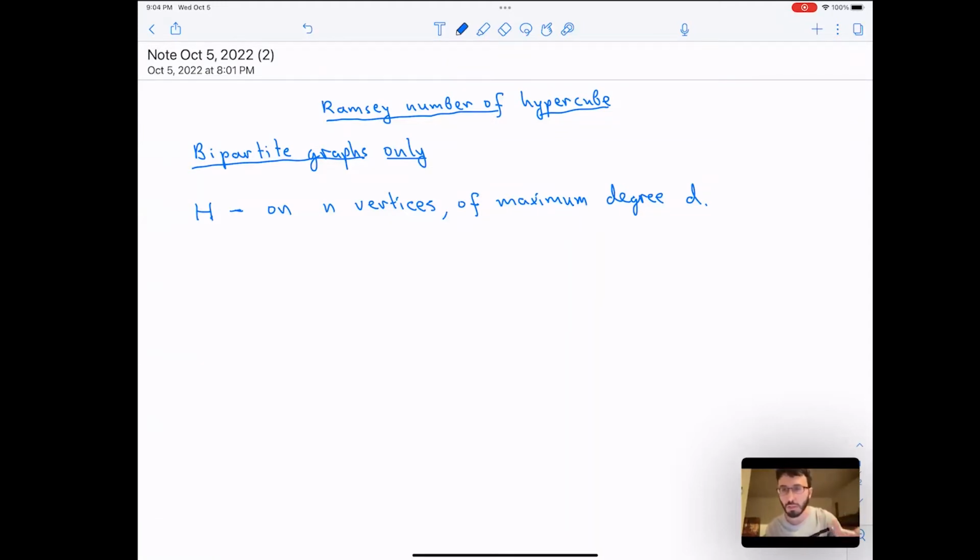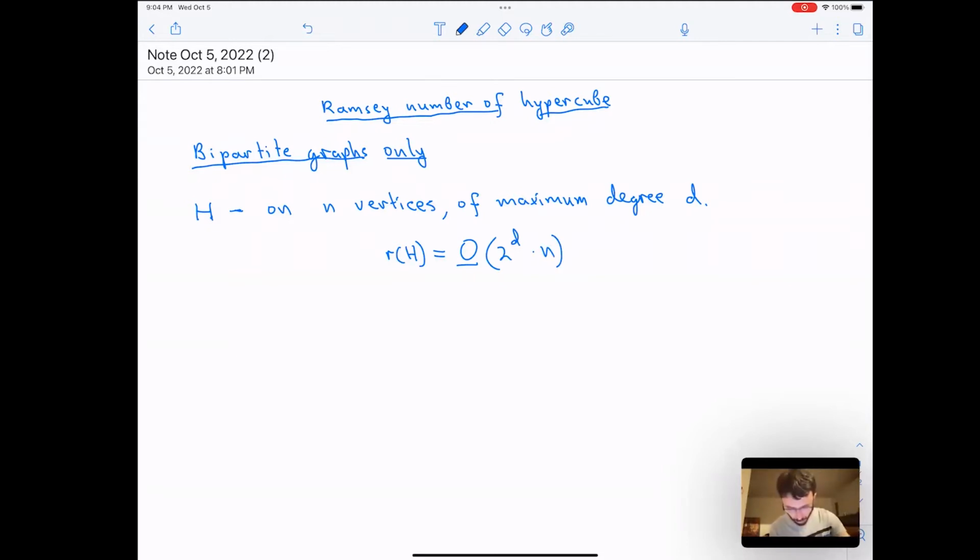So you just need the density to be sufficient. So there is an upper bound: the Ramsey number of H is at most, with big O notation, 2 to the D times n.